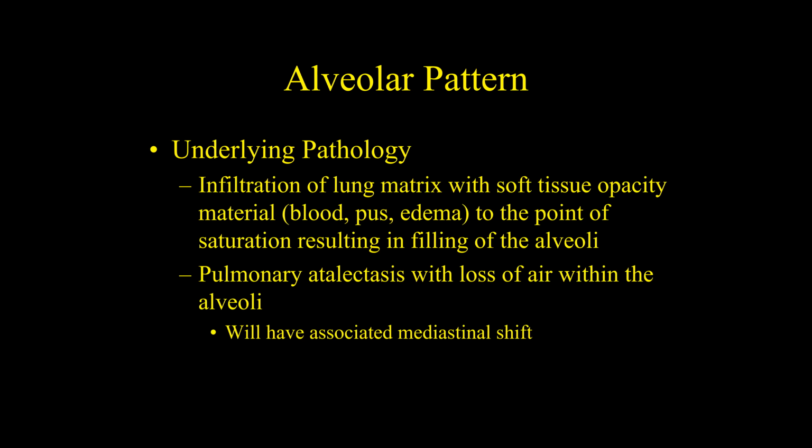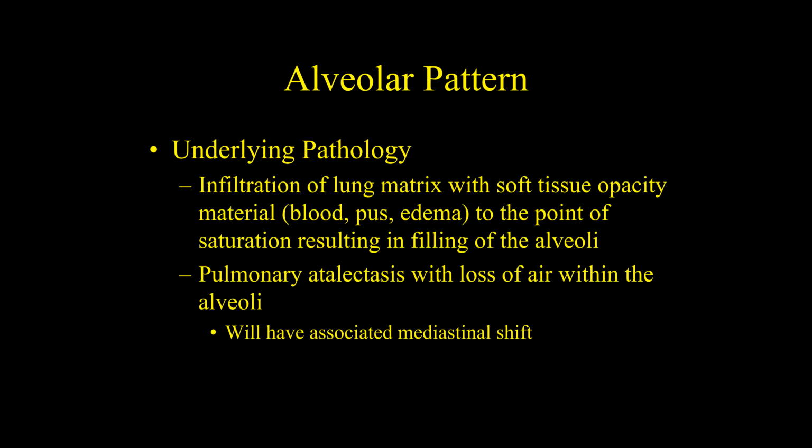The next pattern we have to worry about is called an alveolar pattern. So what causes an alveolar pattern? Usually it's the infiltration of the lung itself with soft tissue opaque material. Basically we take the air out of the lung and replace it with something like blood, pus, or water or edema, to the point where it saturates and fills the entire alveoli.